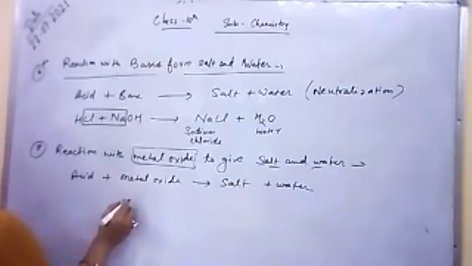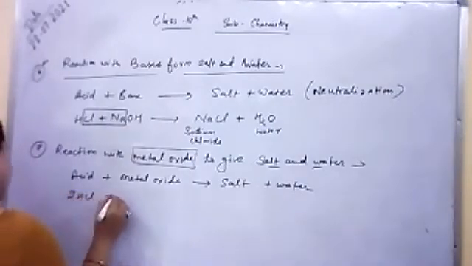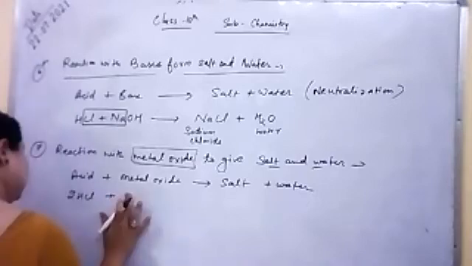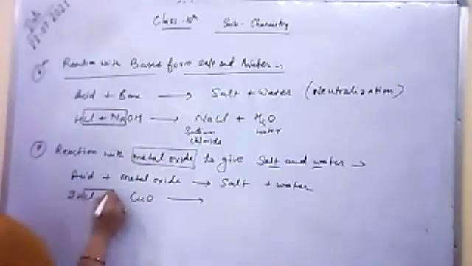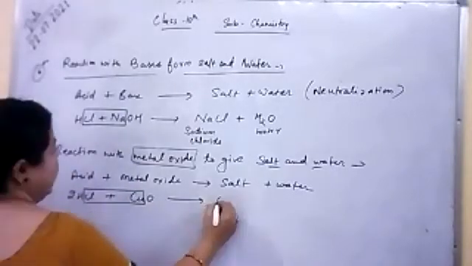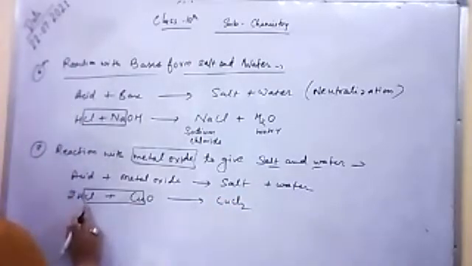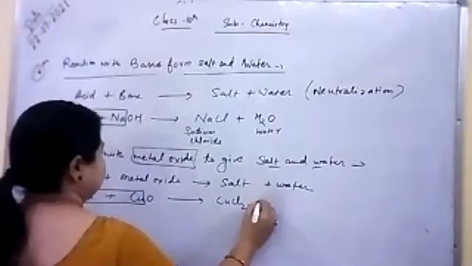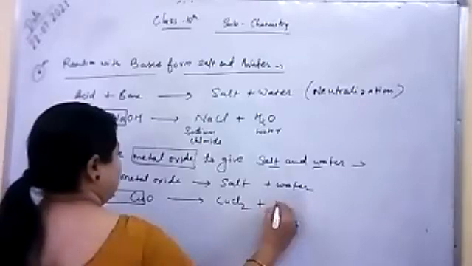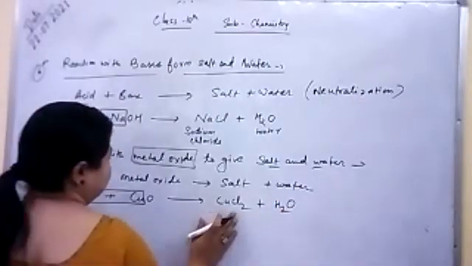Now the reaction is 2HCl plus CuO gives, what will they form? CuCl2. This Cu will react with the two atoms of Cl and they will form CuCl2 plus water. Correct? This is called copper chloride.